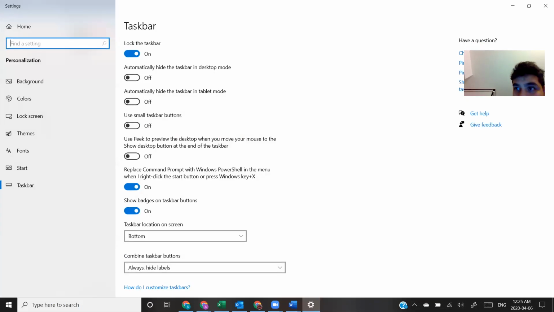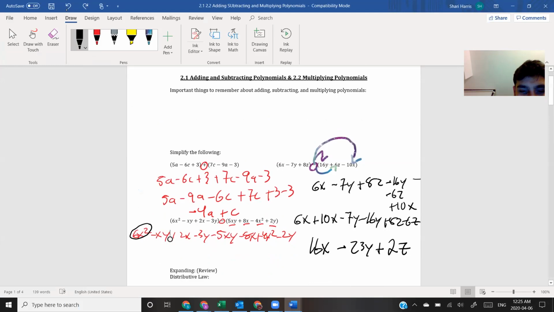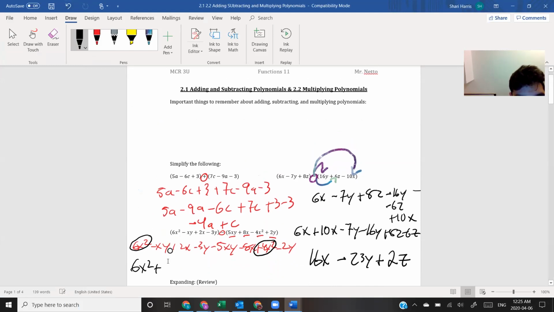Let me remove that. So I'm going to also take the sign here, the plus 4. So that's 6x squared plus 4x squared.